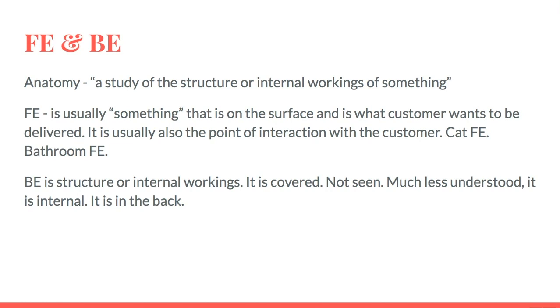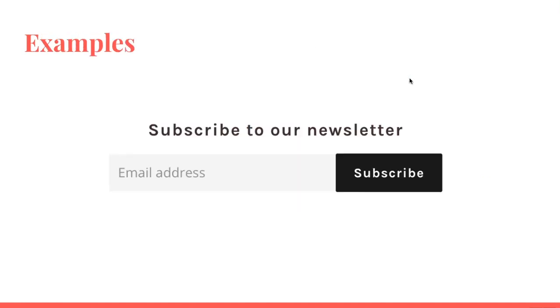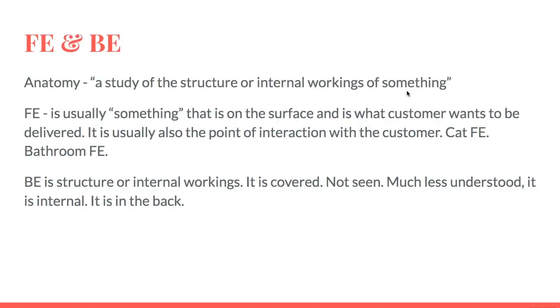And since we are talking about front-end, back-end mapping, what is it? Front end, in our definition of anatomy, is something that you usually see as a website user. That's the surface. That's the visible part of the e-commerce solution, the internet page.